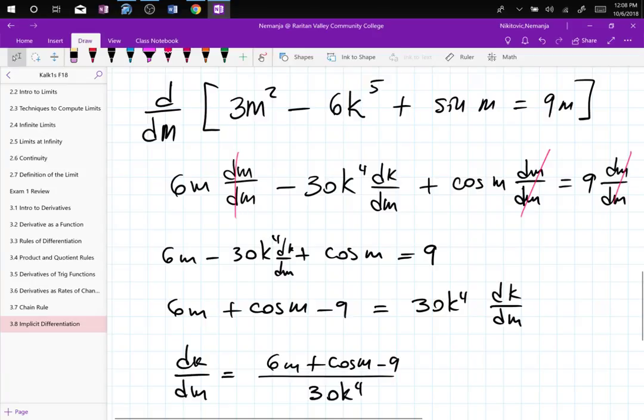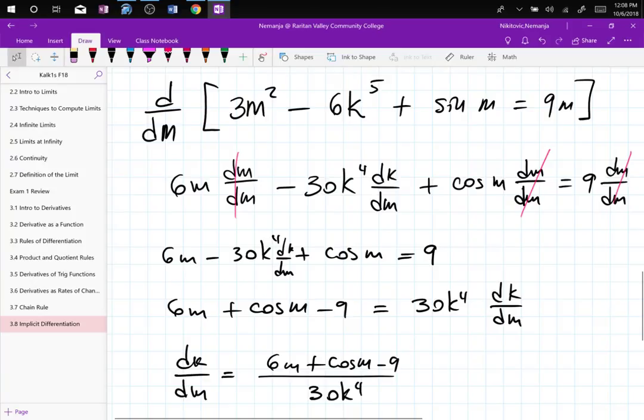So dm over dm. What is the dm dm? It's this d times this m over this dm. It's this d times this k over dm. Okay? So, I took the derivative of m with respect to m. I took the derivative of k with respect to m.